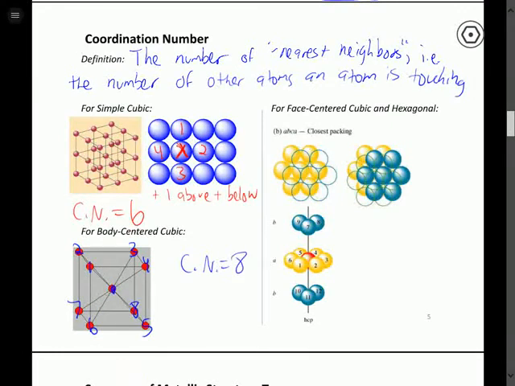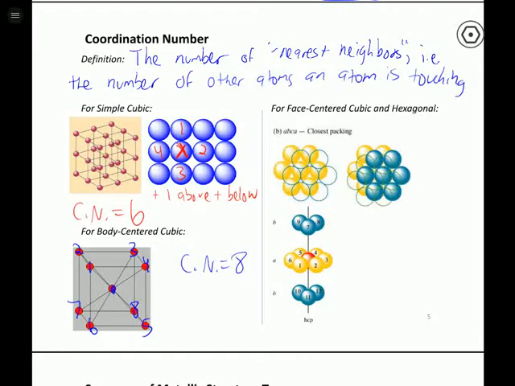And if you extend this out in all directions, remember that when we build a lattice, we take these simple units, the unit cells, and we move them around in 3 dimensions. Every single atom is equivalent in all of these structures, so every atom would have a coordination number of 8 in the body-centered cubic, although looking at the unit cell, it's very obvious to define that for the center one.